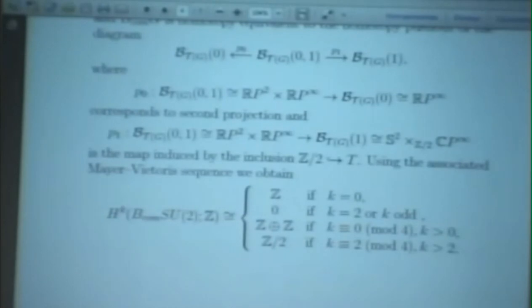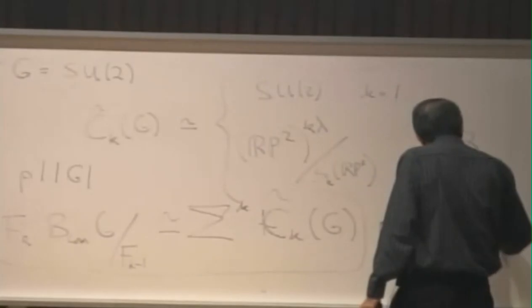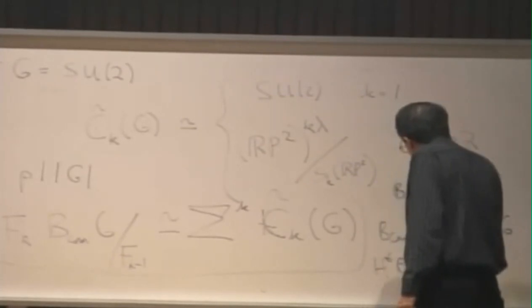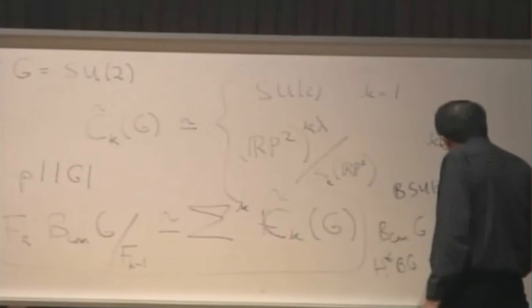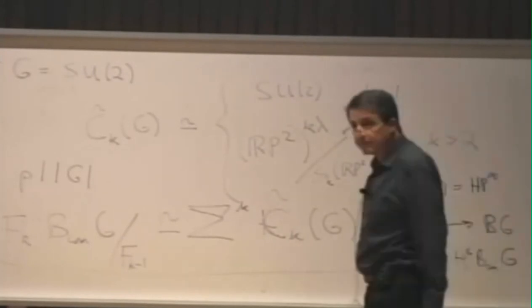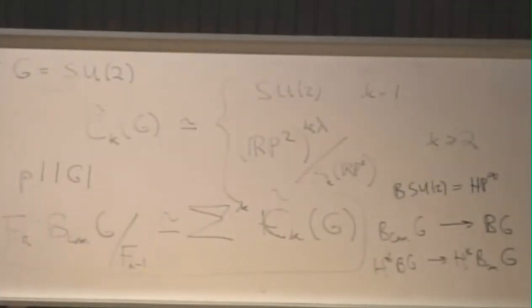Because remember that we have a natural map from B_com of G to BG. So in cohomology, we have a map from the cohomology of BG to the cohomology of B_com. So if everything is good, you should be able to somehow capture the cohomology of BG.